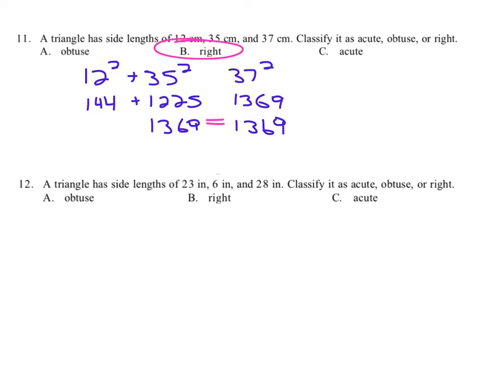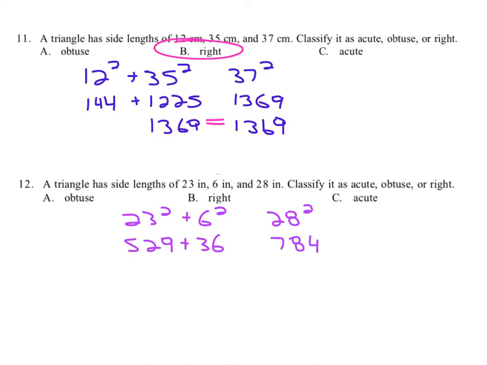Moving on, we're going to take these lengths that they gave us of 23, we'll square that, 6, we'll square that, we'll add them together, and 28, and we'll square that. Let's see, 23 squared, 529, plus 36, and 28 squared, 784.